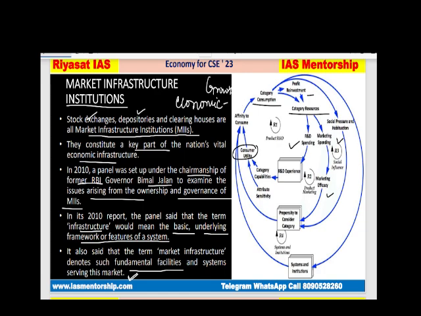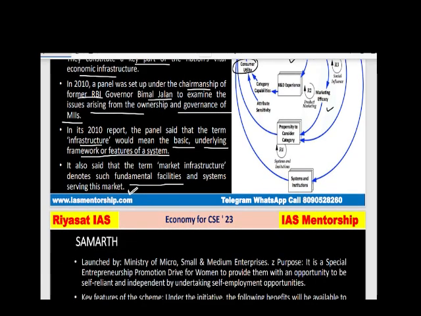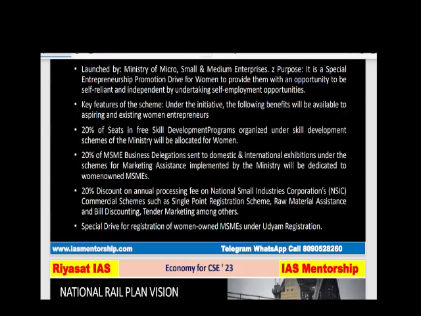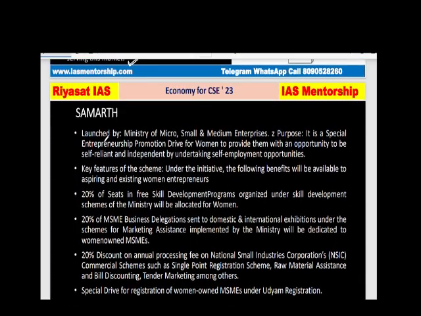Okay, fine. Moving ahead, let us see what is next. Next is your Samarth. What is the full form of Samarth? Full form is a special entrepreneurship promotion drive for women.